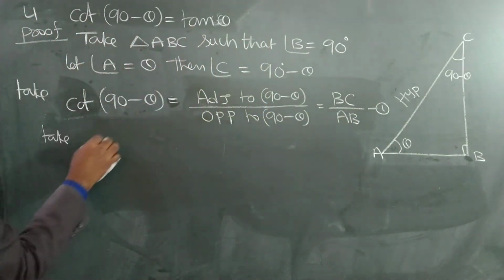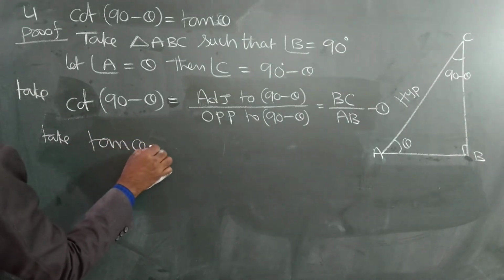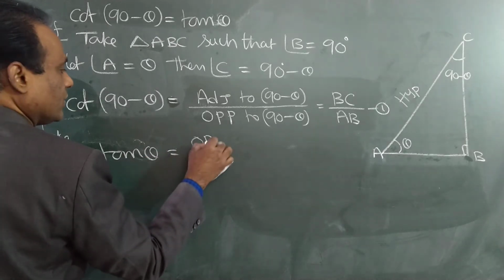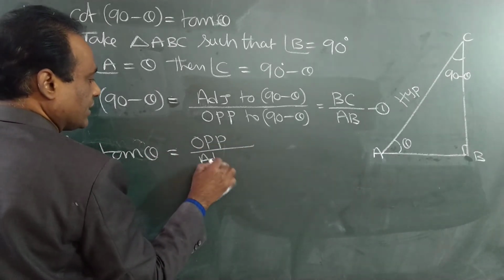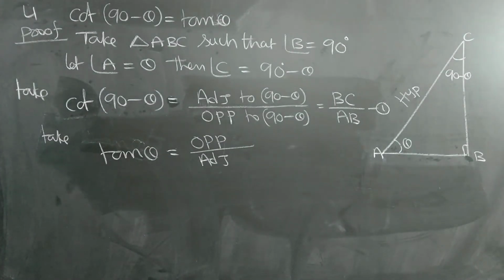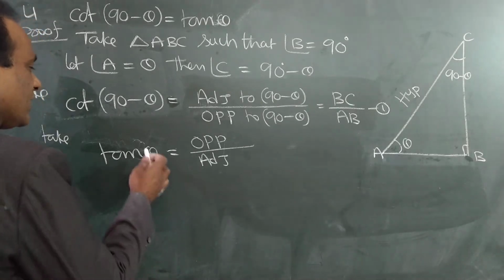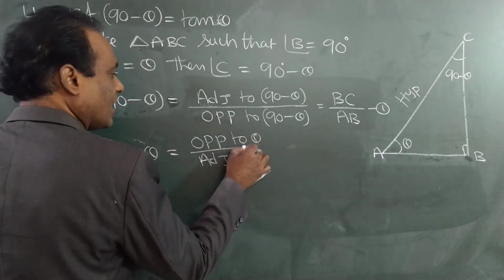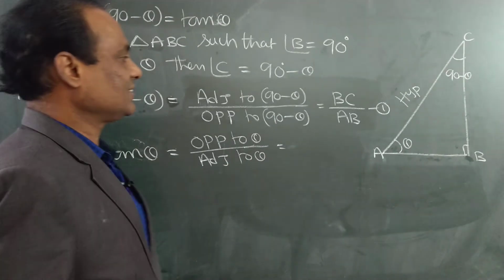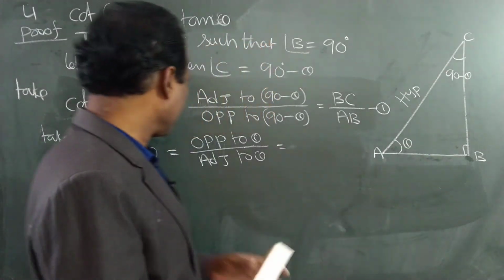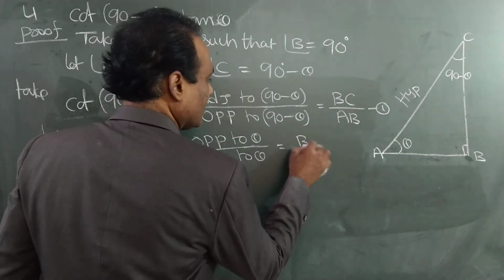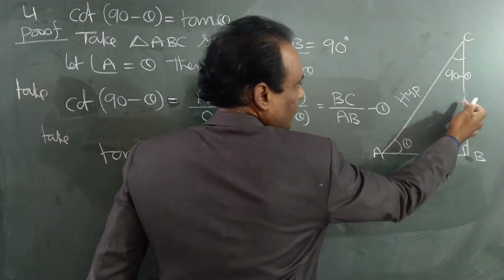Now take the right hand side. What is tan definition? Tan definition is opposite by adjacent. I gave the definitions for all the 6 trigonometric ratios. Opposite to what? Theta. Adjacent to theta. For this angle, opposite side is BC.